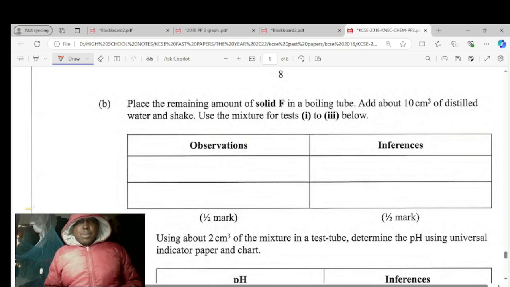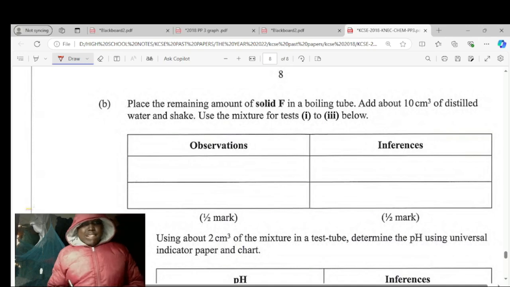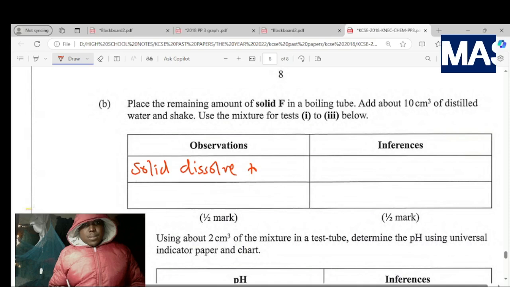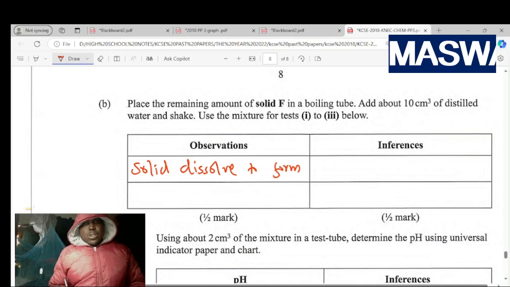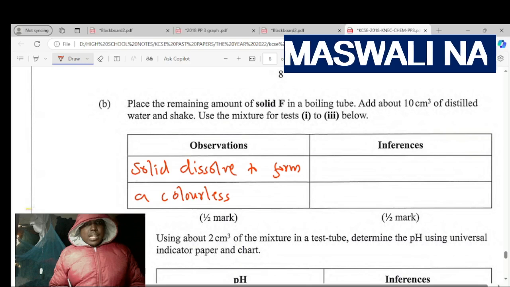Place the remaining amount of solid F in a boiling tube. Add water. Shake. Sasa we want you to tell us whether the solid F dissolved in water to form a colorless solution. Yes. Then the solid F dissolved to form a colorless solution.